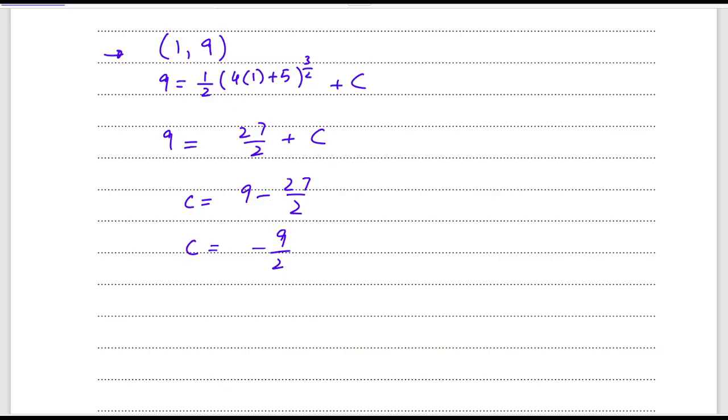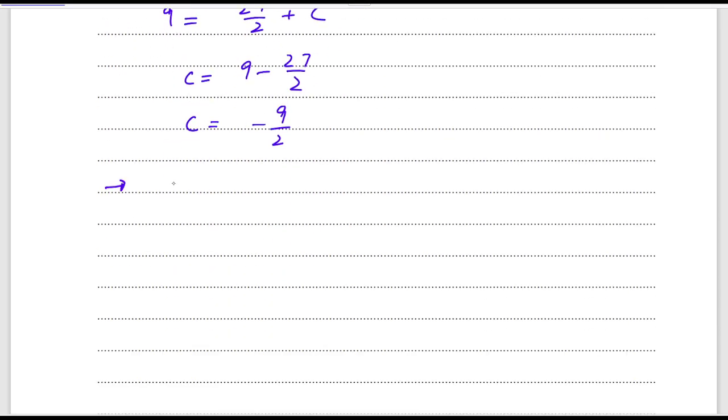Now using the value of c in the above curve, we have y is equal to 1 over 2 times 4x plus 5 raised to the power 3 over 2 minus 9 divided by 2. So this is the equation of the curve.